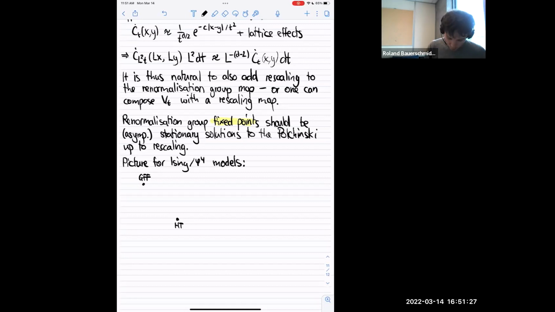So the free field for critical phenomena is supposed to be the only one if you're in dimensions above 4. But in dimensions below 4, we expect there to be another one, which is called the Wilson-Fisher fixed point, and it appears exactly at dimension 4. So it appears in dimensions less than 4. The critical behavior of the 3-dimensional Ising model is supposed to be described by this Wilson-Fisher fixed point. And unfortunately, I'd love to, but I will not say much about this in these lectures, and especially not in dimension 3.